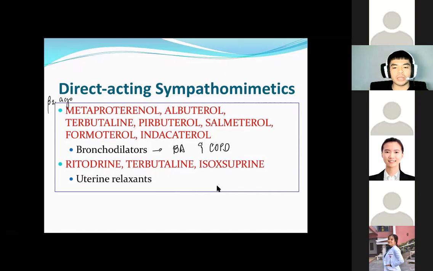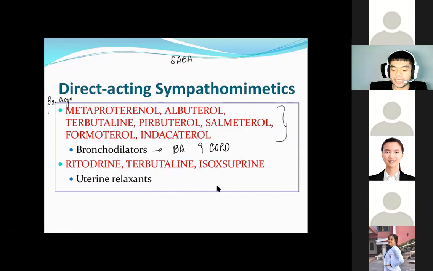You can check what COPD means in Google, but it's chronic obstructive pulmonary disease. Okay, so that is COPD. And I discussed yesterday that these are bronchodilators comprising of SABAs and LABAs.